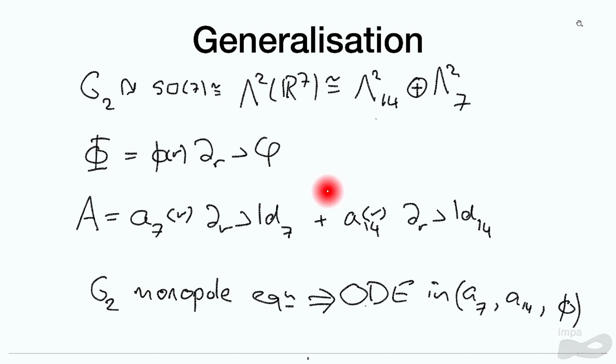Okay, so now I take the identity map between the Lie algebra and the two representations of G2 as two-forms, and then I do the same thing, take interior product with the radial vector field, multiply it by some functions, impose the G2 monopole equations, and I get an ODE.